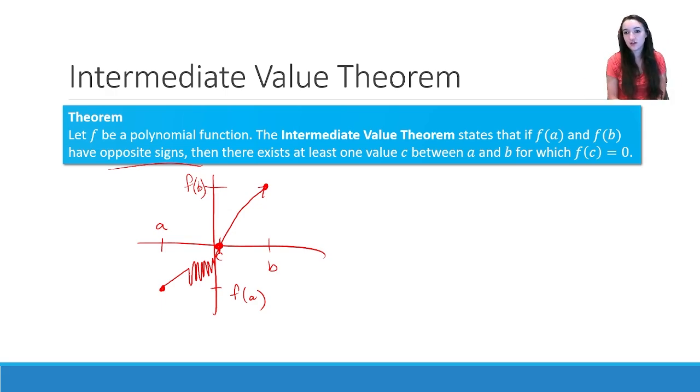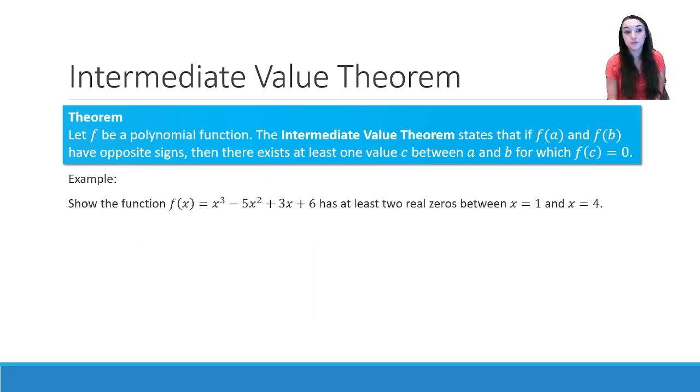That's all this theorem is telling us: no matter what's going on in the middle, eventually we do have to cross the x-axis to get from positive to negative or negative to positive. So if our y values, our output values, change from positive to negative or negative to positive, then we have to have had a 0 in between them, because there's no way to get there without picking up my pen otherwise. So it wouldn't be continuous.